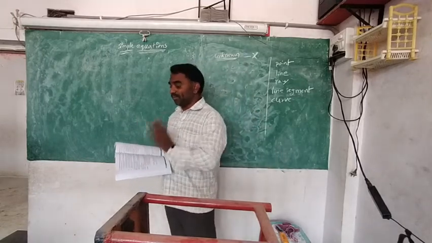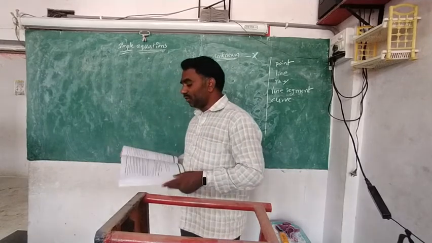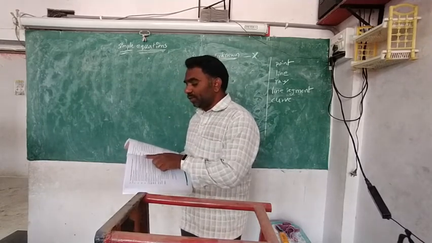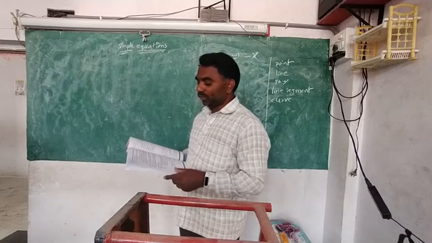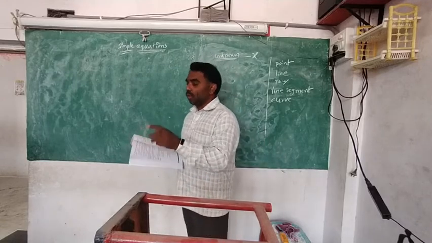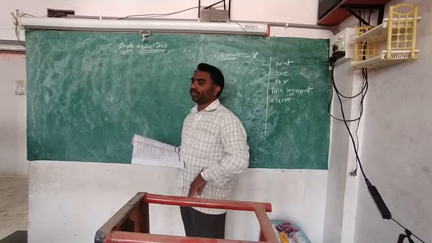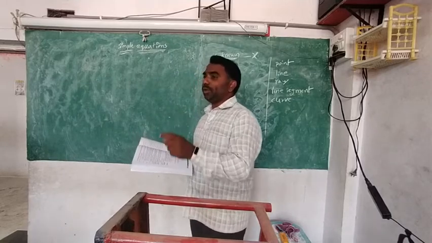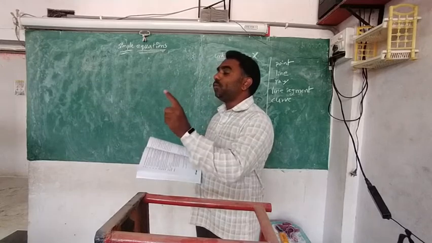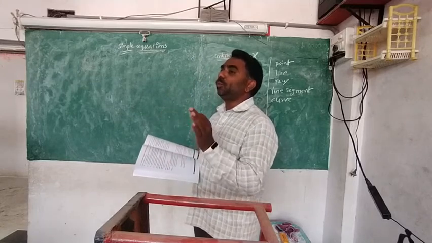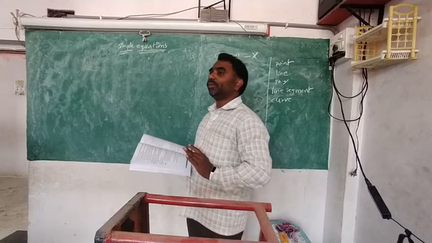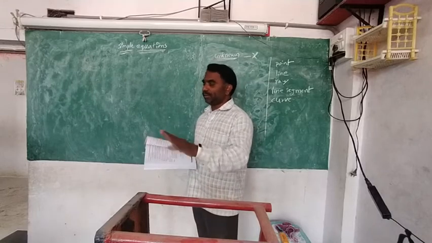But here some conditions are given. What are the conditions? The number of 10 rupee notes is 1 more than the number of 50 rupee notes. Guessing is not important.